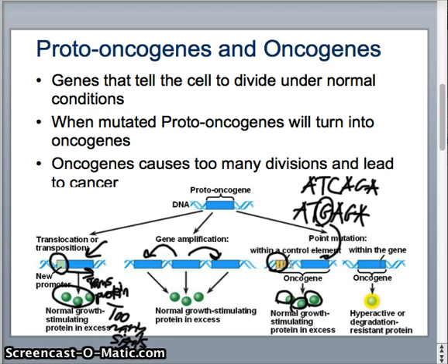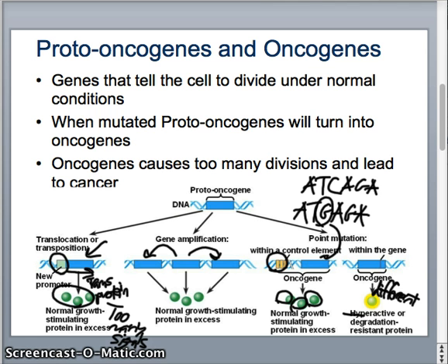Now this one's a little bit different. There's another point mutation, but this is a different type of mutation. This is a mutation within the gene again, and it causes one protein, but this protein is different, kind of like in sickle cell. So it's a different protein, and it causes too many signals. It's hyperactive. It causes way too many signals.